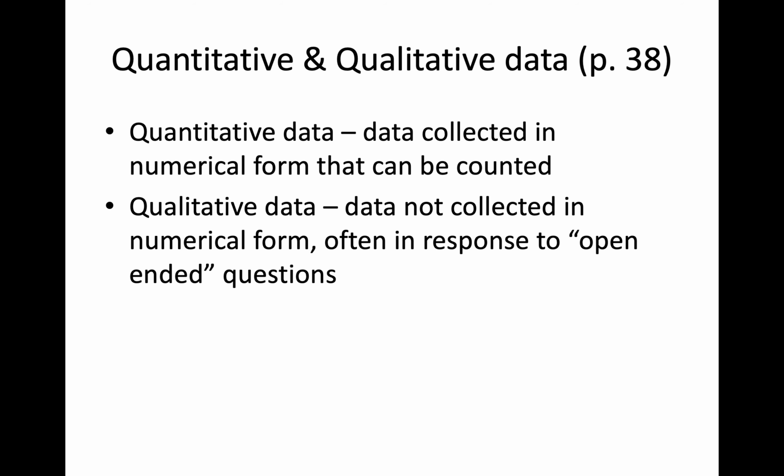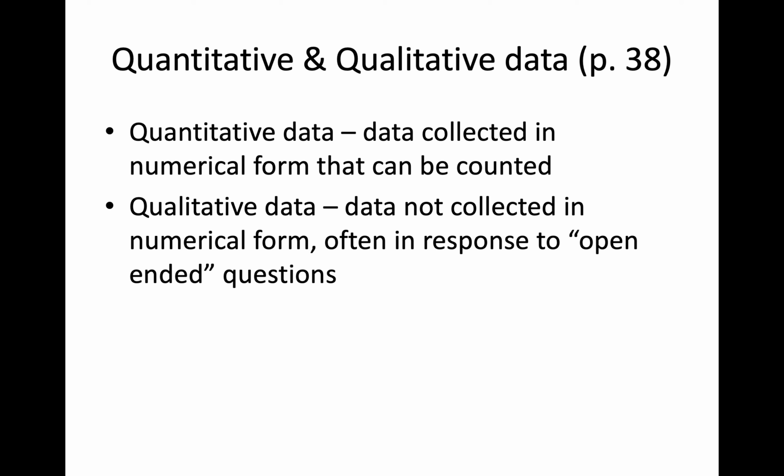I wanted to talk about qualitative and quantitative data before talking about surveys because this is relevant to the survey discussion. An open-ended question on a survey is a question where someone would be asked, what do you think of the president's performance these days? There are at least two different ways you could structure the responses to a question like that.